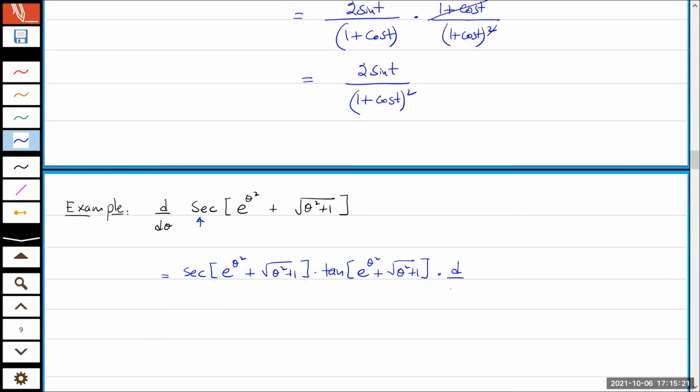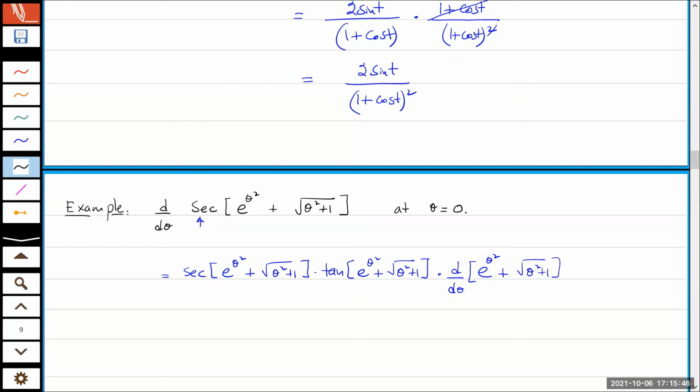Times, by the chain rule, the derivative with respect to theta of e to the theta squared plus the square root of theta squared plus 1. I'm going to simplify this question for myself a little bit. D over d theta at theta equal to 0. In the end, we'll put theta equal to 0.